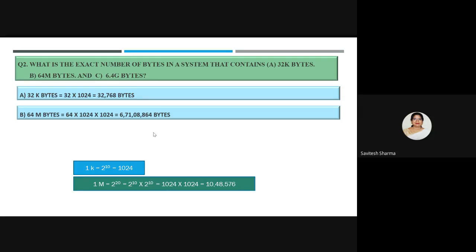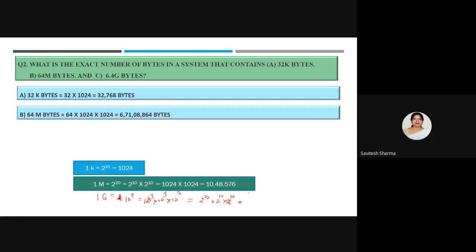Next is gigabyte. 1 gigabyte is equivalent to 2 to the power 30. In decimal, it is equivalent to 10 to the power 9, which is 10 to the power 3 three times. That is in decimal, but if you are writing in binary, you write 2 to the power 10 three times.